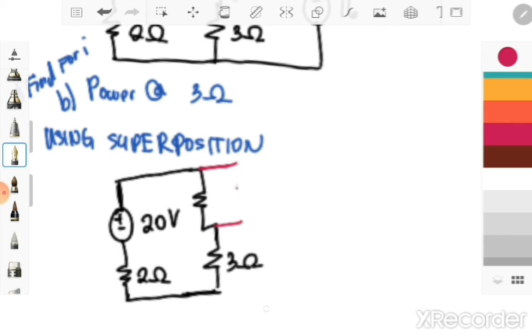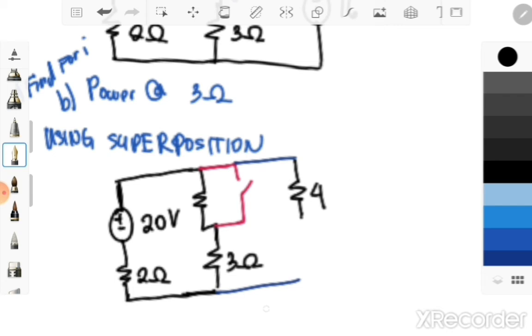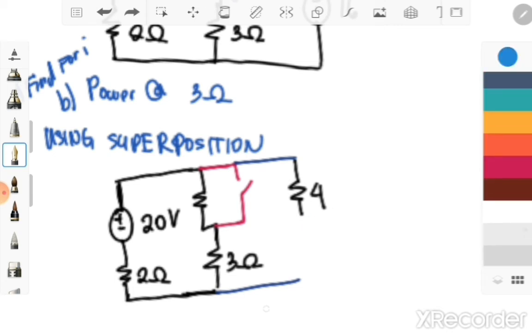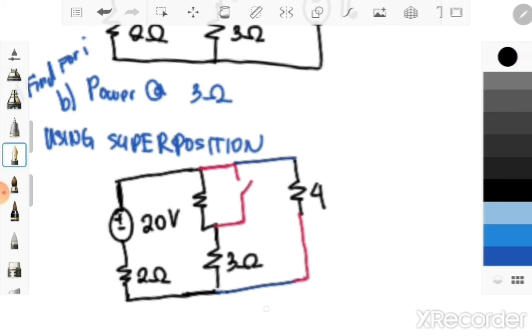Take note, it is open in the superposition theorem because its current is 0, and then a shorted 16 volt source. We short our 16 volt source. So this is a 4 ohm resistor. Then the positive and negative terminals of our 16 volt source are shorted. Okay, so the circuit is colorful in order for you to visualize the concept that I am dictating.